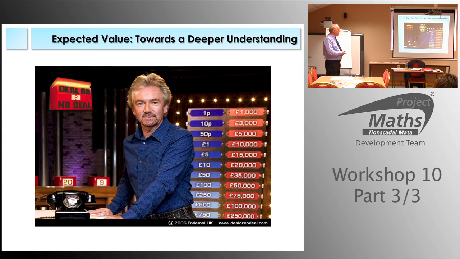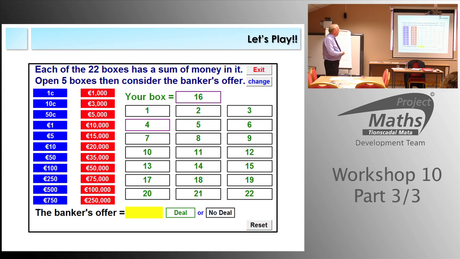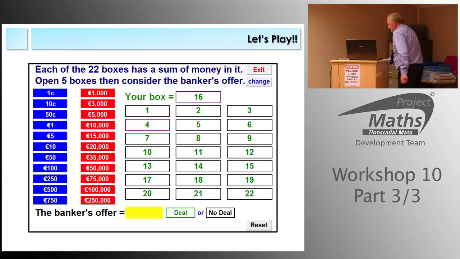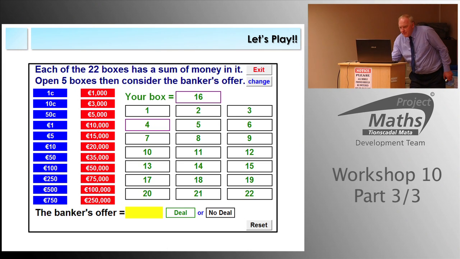Now, final bit. Do you ever see Deal or No Deal? Yeah. We've adapted this a little bit just to look at what we could get. Now, this should generate one here for us.